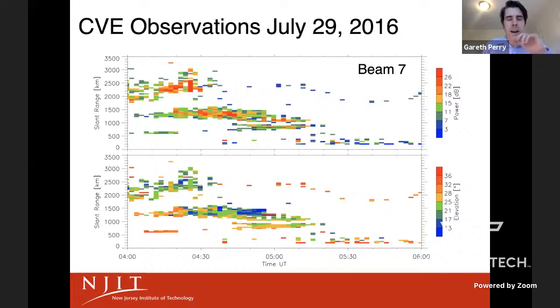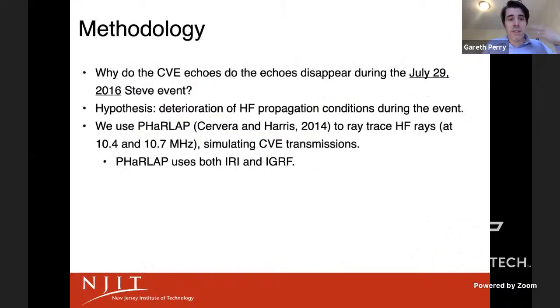Those echoes start to disappear just after about 5:10 UT, and that's when the Steve event is happening. So the question is, why do these echoes disappear? The hypothesis is that we have a deterioration of HF propagation conditions, preventing the rays from meeting the aspect angle condition, assuming there are irregularities present in the area.